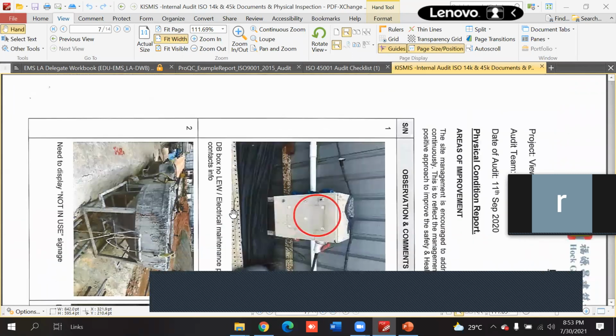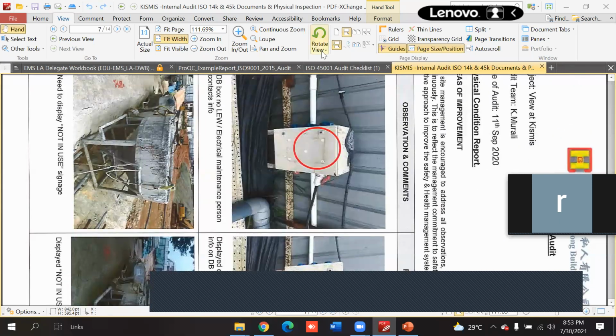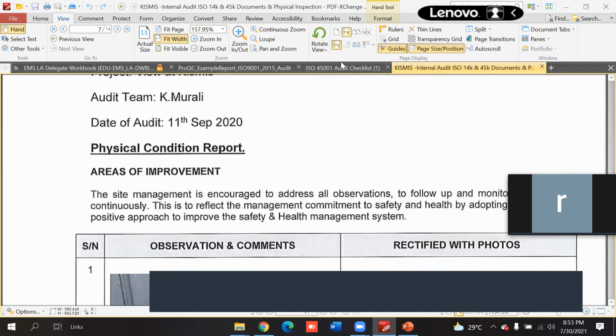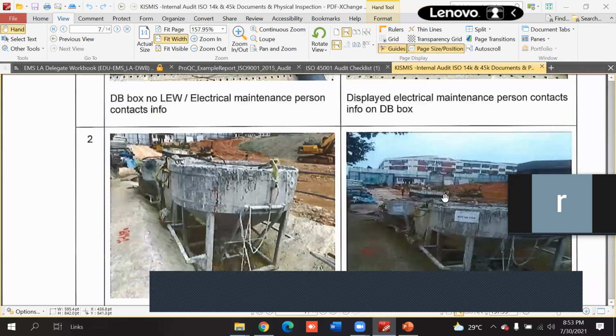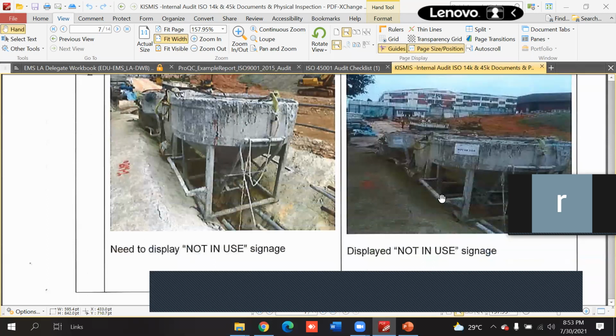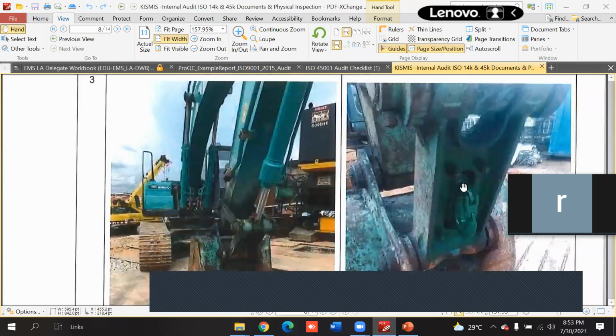Yeah, some examples are even your physical instructions. Let's say, safety wise, if the signages are not in place, they put up signages. Let's say no maintenance, when it is not in place, then you have to display it.